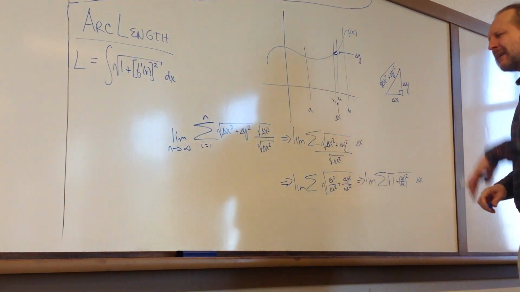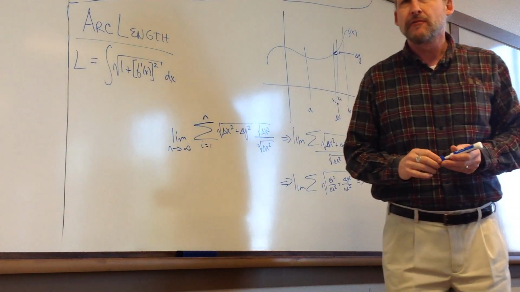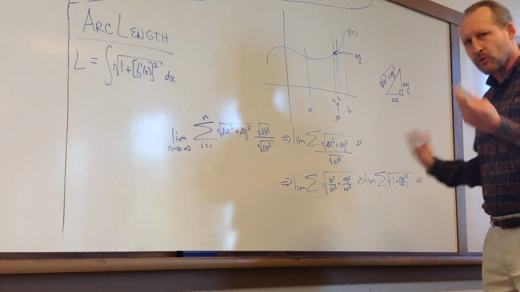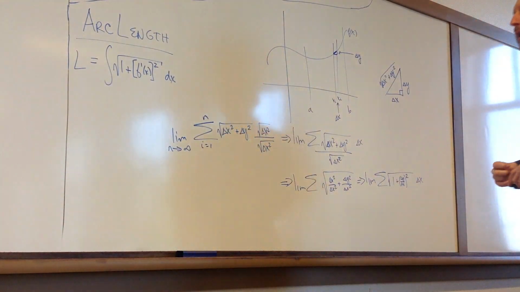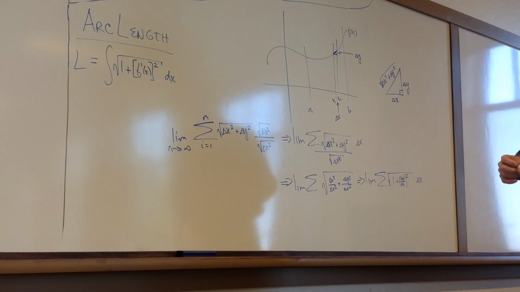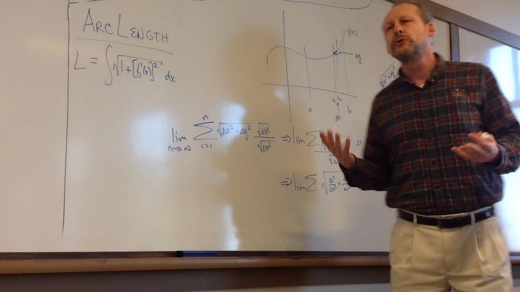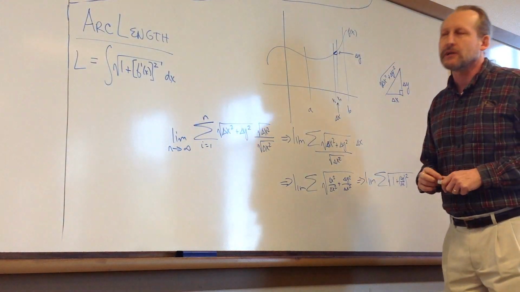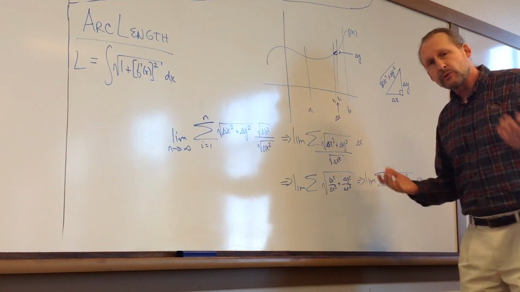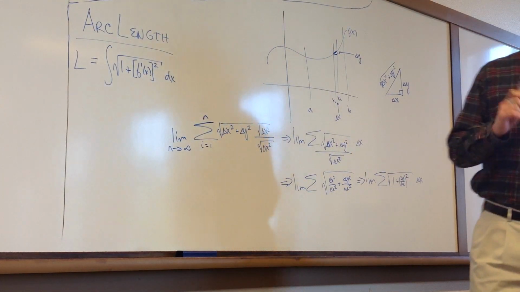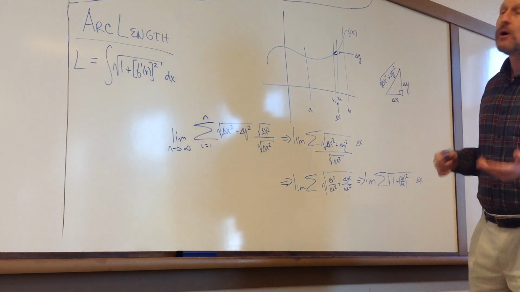Something else that I'm going to continue to bring up as we're working through this first half of Math 253 is that when we first started talking about integration, we introduced it as the area under a curve. And that was true at the time. But since then, we've seen it do other things.